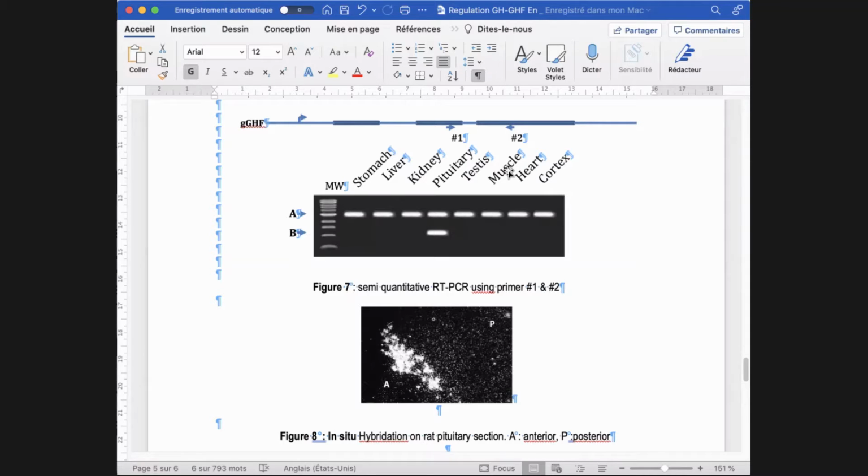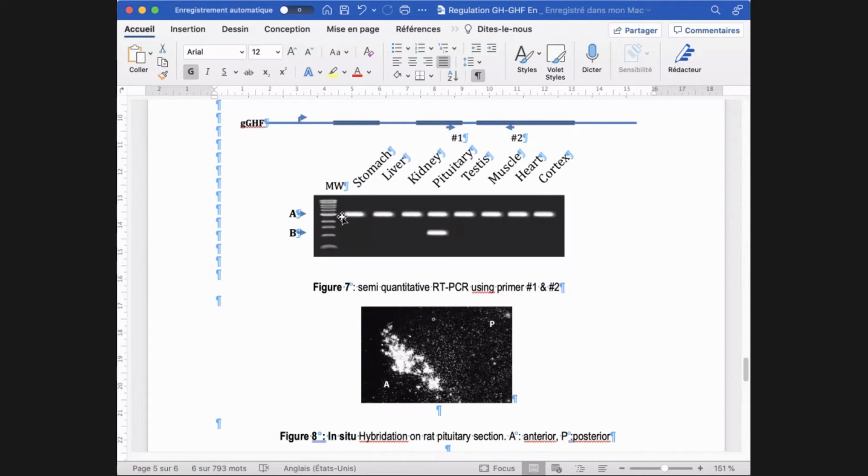So you see cortex, heart, muscle, testes, pituitary, kidney, liver, and stomach. And they loaded all the PCR products into this agarose gel. You see in this first analysis that there are two bands, clearly. One in most of the samples, but for the pituitary sample, you've got two different sizes of PCR product.